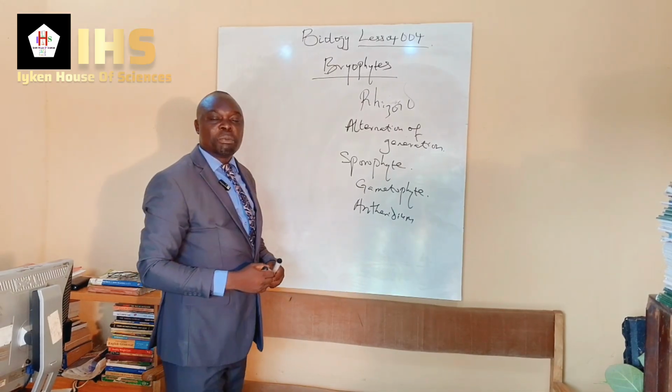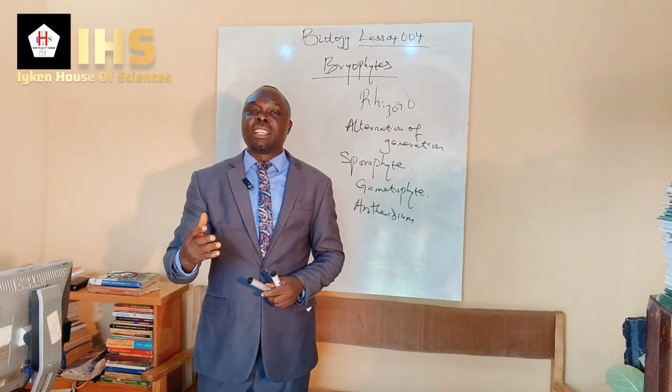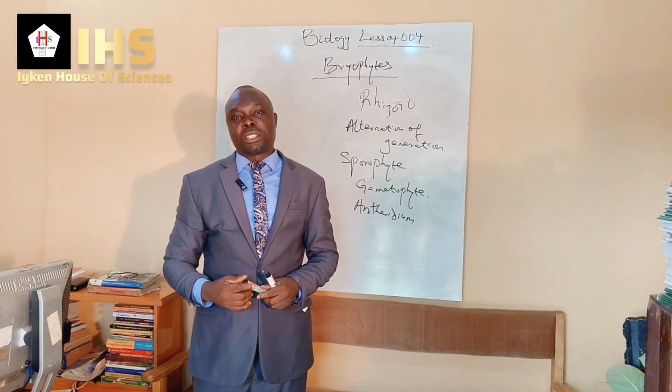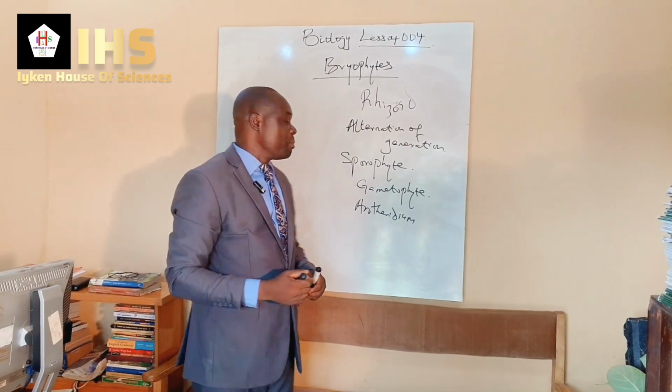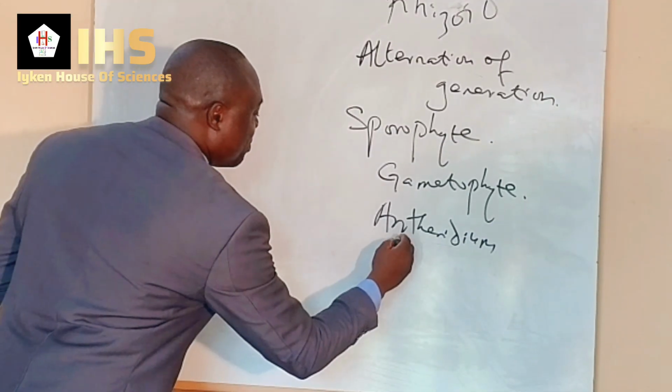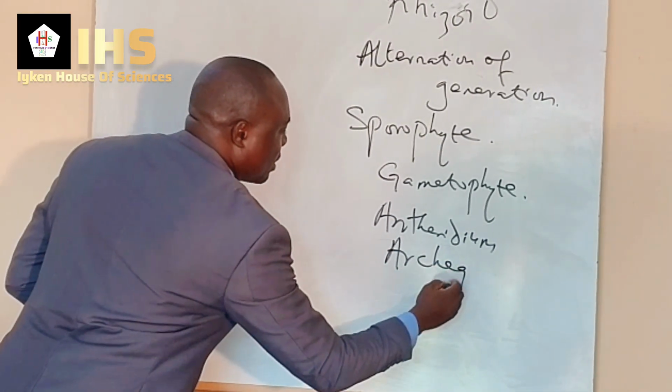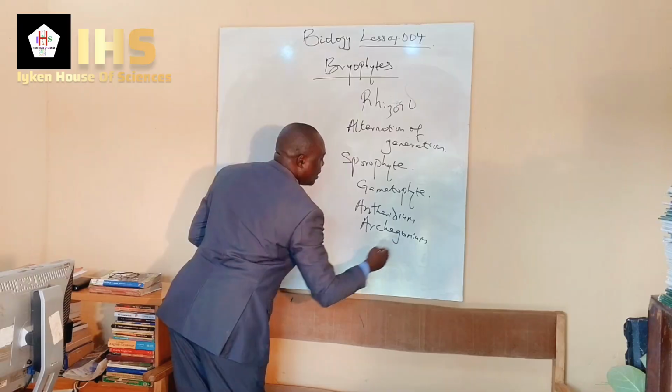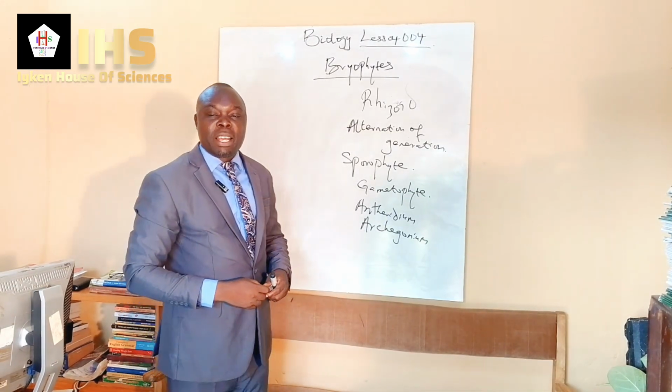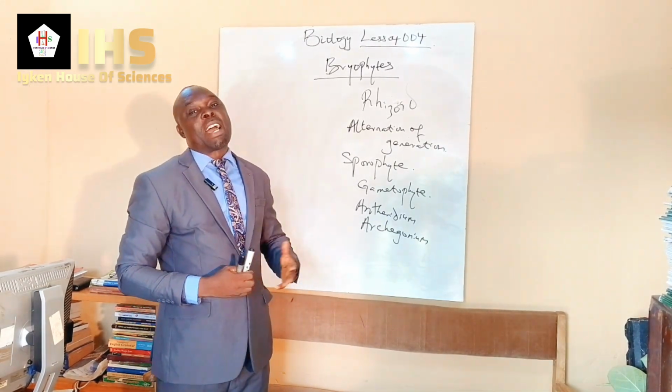The antheridium is where the male gametes of the bryophyte are produced, while the archegonium is where the female gamete is produced.